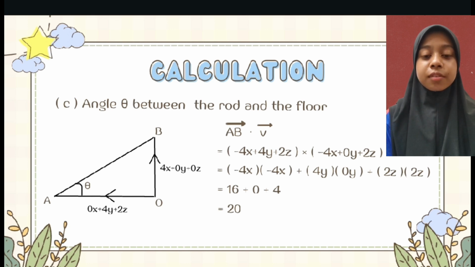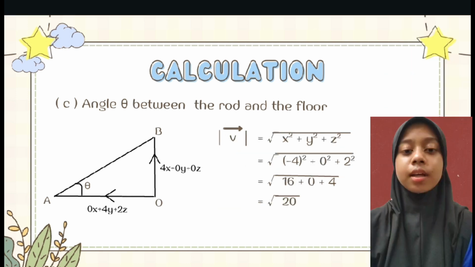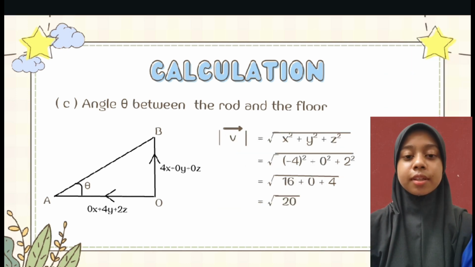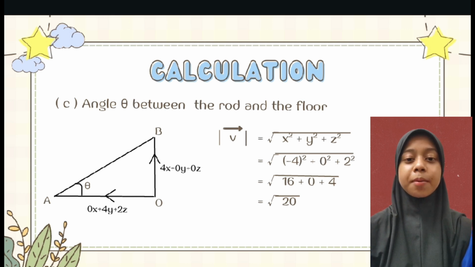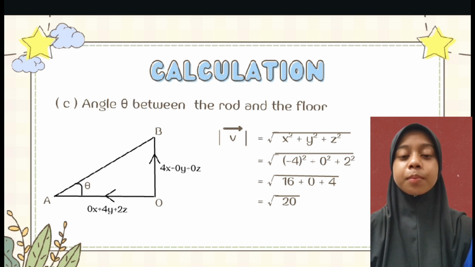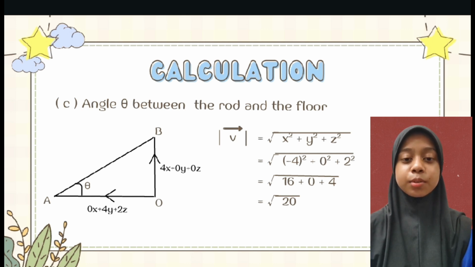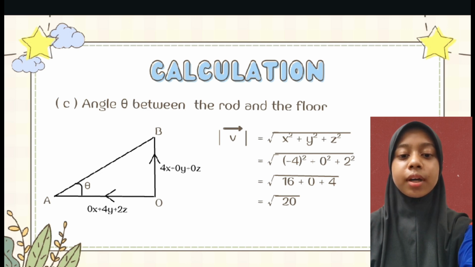Gather the same coefficients together, so we got 20. Now we need to calculate the magnitude of V using the formula square root of x squared plus y squared plus z squared. Put in the values negative 4 squared plus 0 squared plus 2 squared. So the magnitude of V we got is square root of 20.